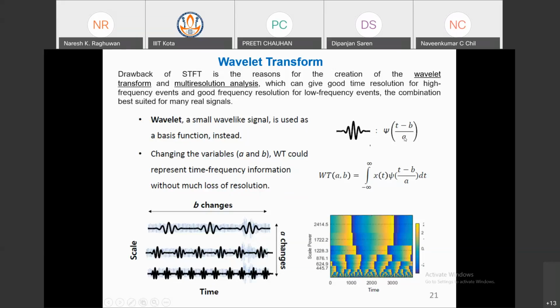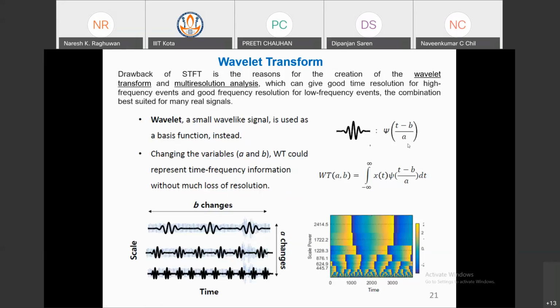Suppose for a you are doing scaling two times. In the time shifting, you slide this small wavelet over the whole signal up to that time.